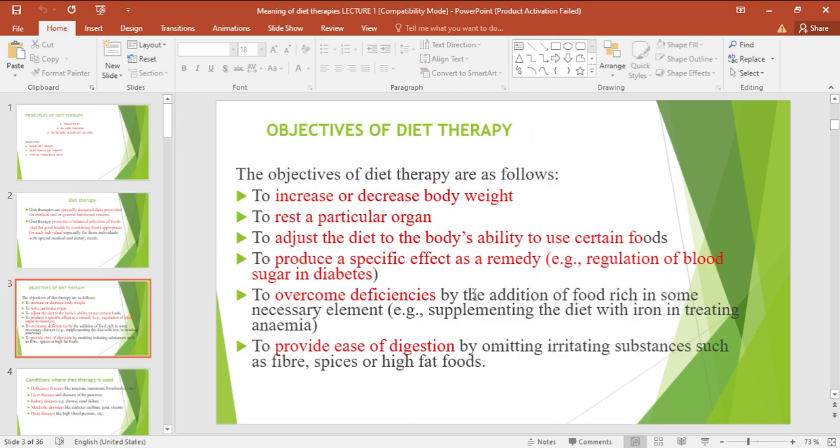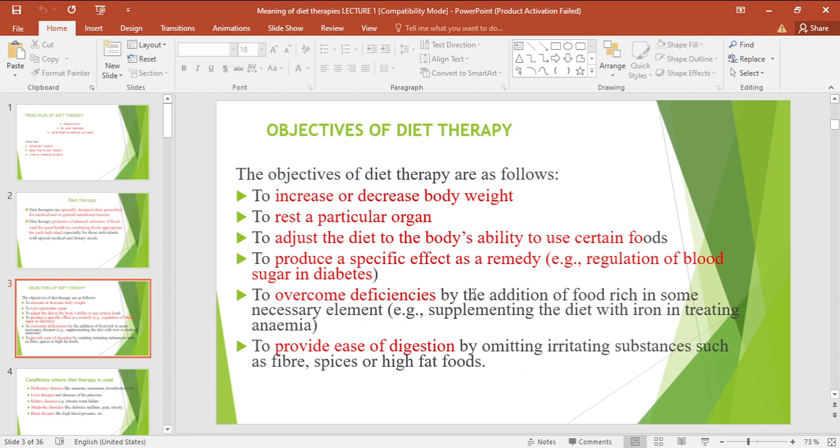The objectives of diet therapy, one is to increase or decrease body weight. You can recommend a patient a diet in order maybe to lose weight or to increase. If someone is very underweight, for example, in a context of malnutrition, if a child is severely malnourished, we shall prescribe for that patient a specific diet. And in this case, we have the specifically formulated foods such as RUTF and RUSF.